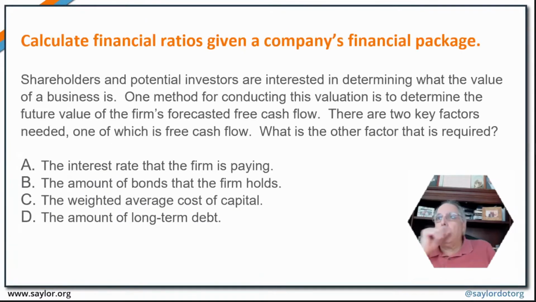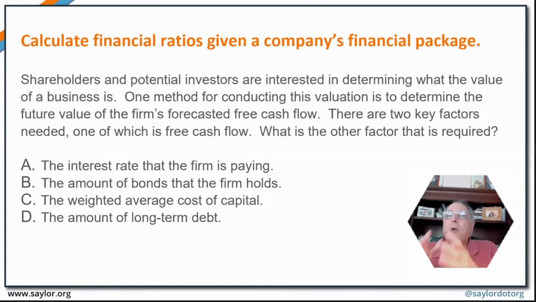Now, the second question has to deal with financial ratios, but really in determining what some of these ratios can tell us. So we know that shareholders and even potential investors want to know what's the value of the business. One method for determining value, we talked about earlier on in our reviews, was determining the future value of forecasted free cash flows.